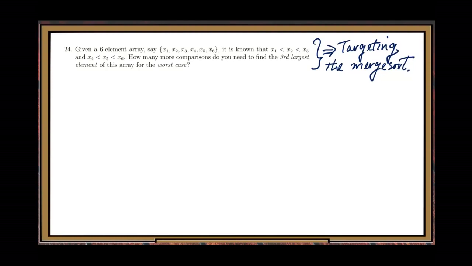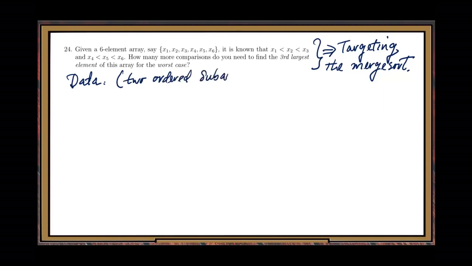You may not be able to see it clearly, but if we look at our data, our data has this property: 2 ordered subarrays. That's the main property of our data.